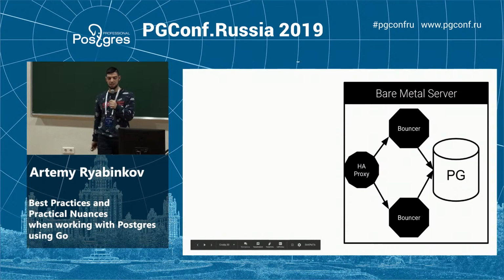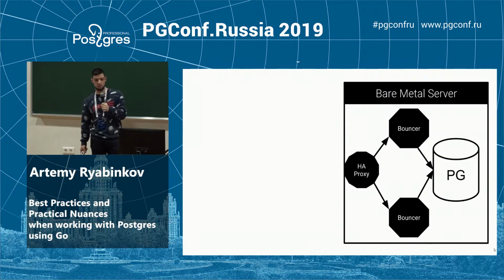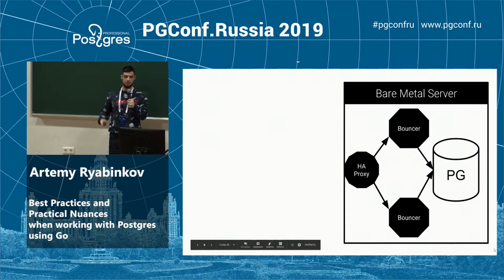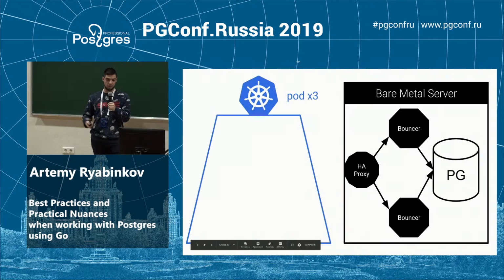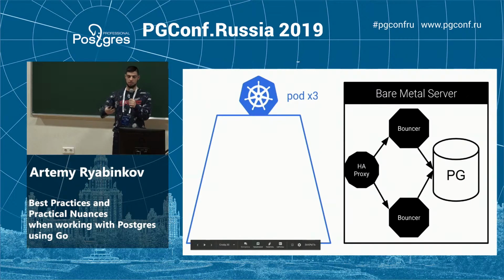First of all, we have hardware servers that have Postgres cluster servers. On these hardware machines, we have bouncers. These bouncers is a server installed on hardware machine. Our servers work in Kubernetes.